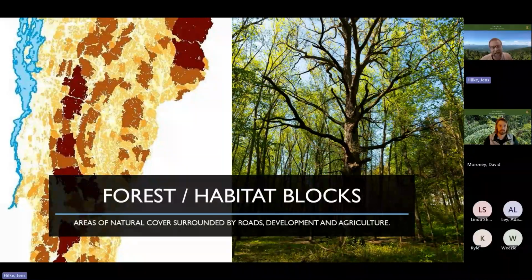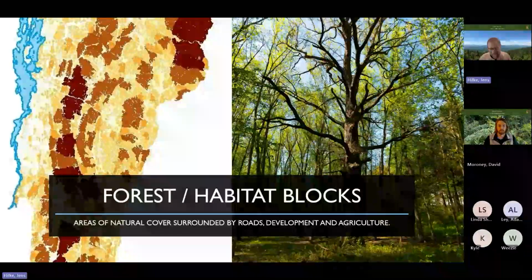We have not found any new forests that we didn't know about, but our ability to detect the edges has increased dramatically. So that's really huge, and I'll talk about why that's so important here in a second. But that's the most notable part of the update, is this underlying forest block data and the improvements in its resolution.